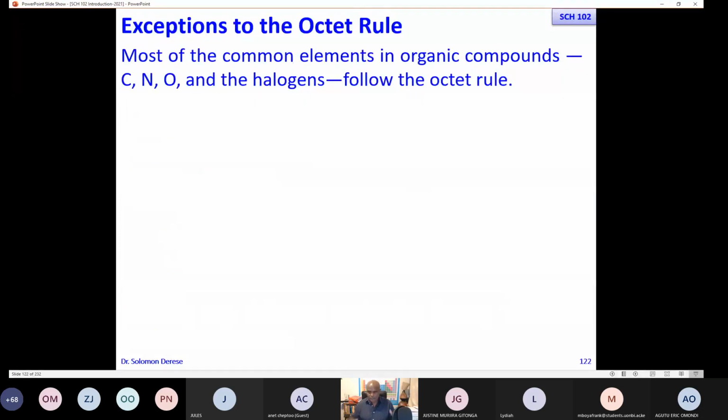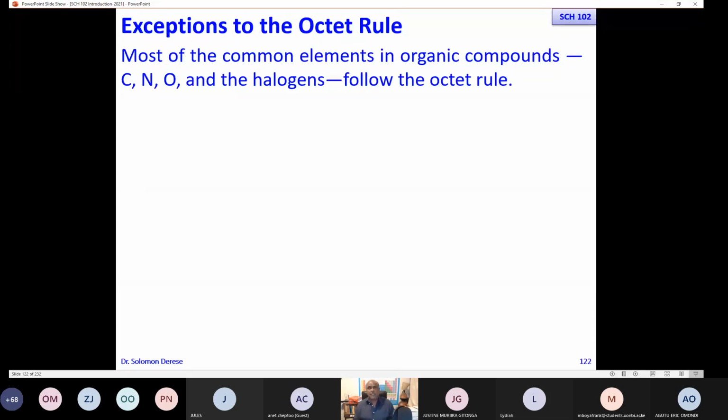That's all. Now, from next week, we'll learn about exceptions to the octet rule. It is possible you can have a covalent molecule formed, and then when you count the number of electrons around a particular atom, it has less than 8 electrons, disobeying the octet rule.